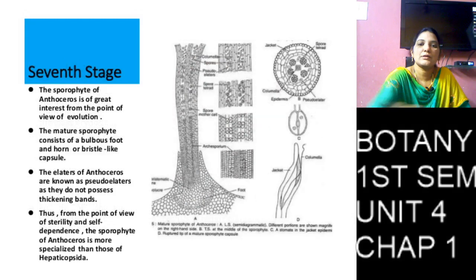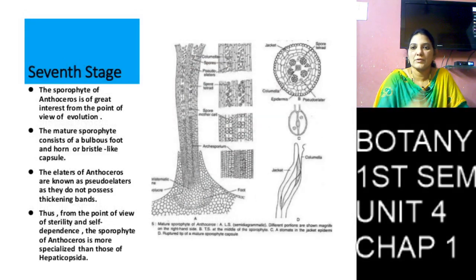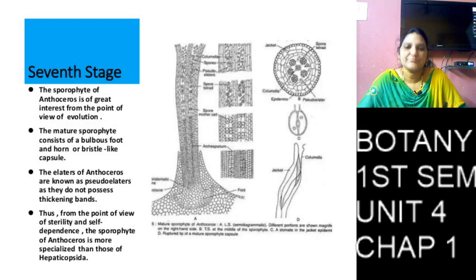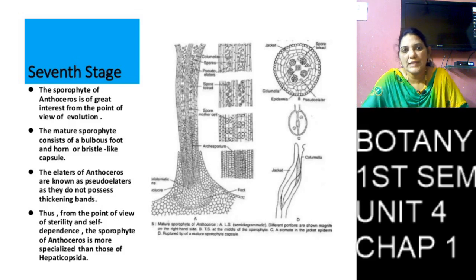Next, coming reversely, we can see Anthoceros. Here it lost the peristome teeth.